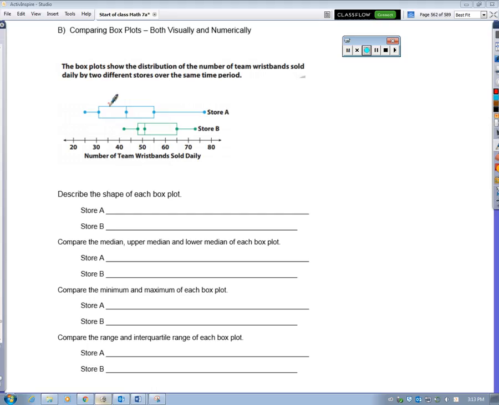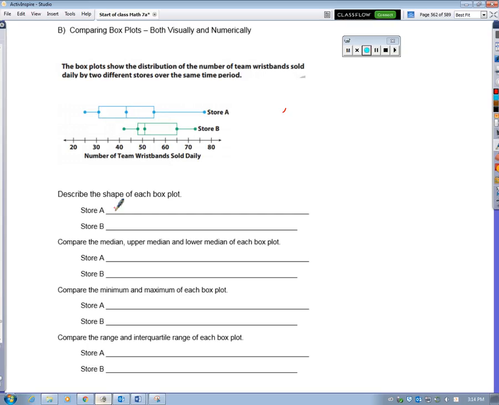Okay, and we can tell just by looking at it. We don't know what the exact numbers of wristbands they sold, but we can see there's some differences between store A and store B. So first we want to describe the shape of each box plot. So store A, their data, the number of wristbands they sold, was more spread out. Okay, so we can put that down.